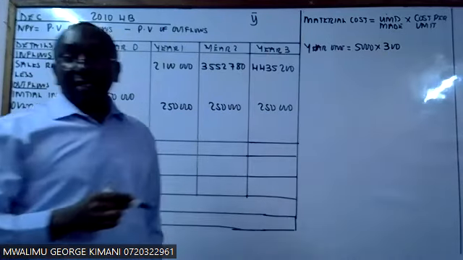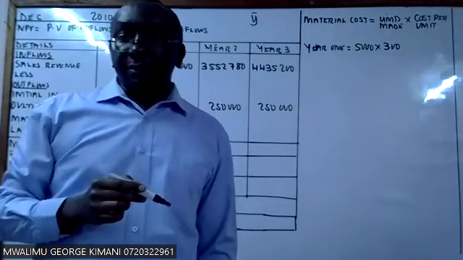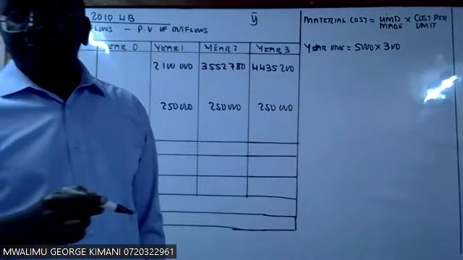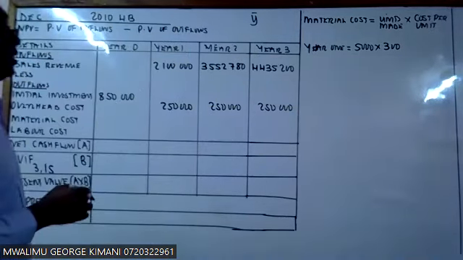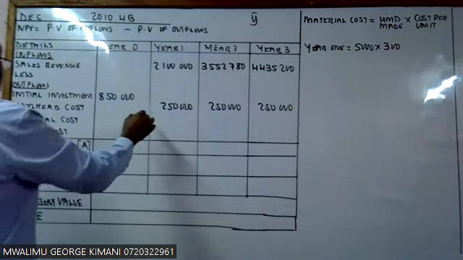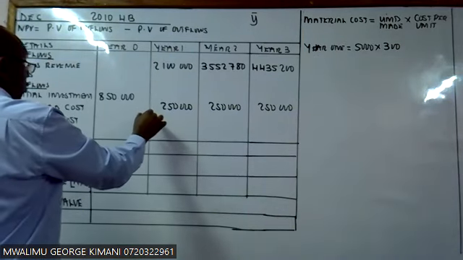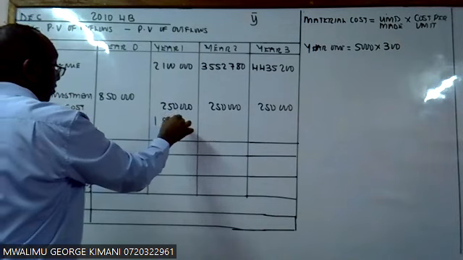So multiply that: 1,500,000. That is what we put here.